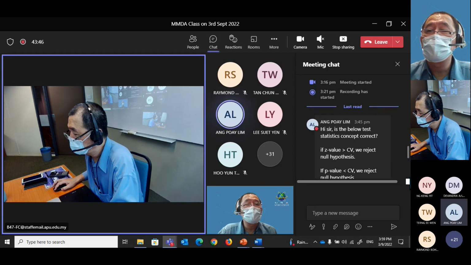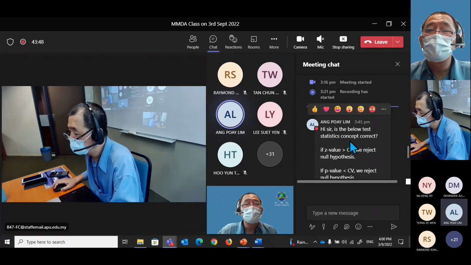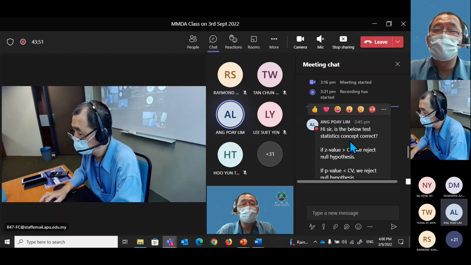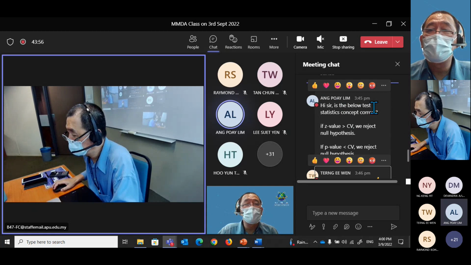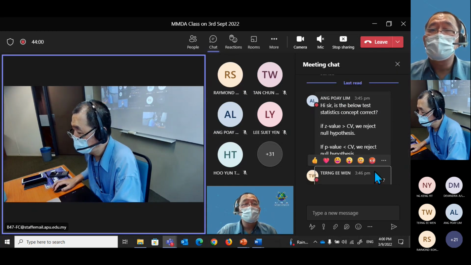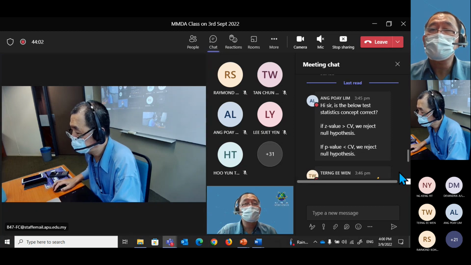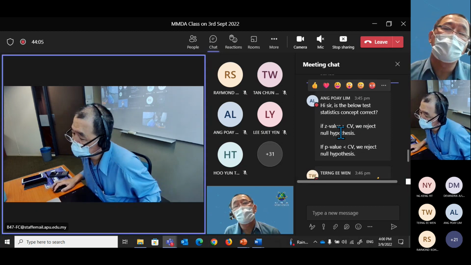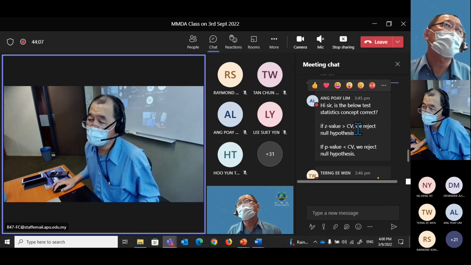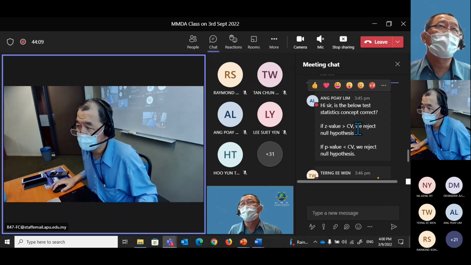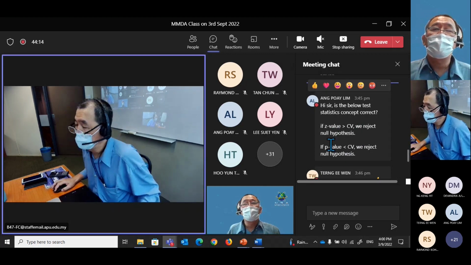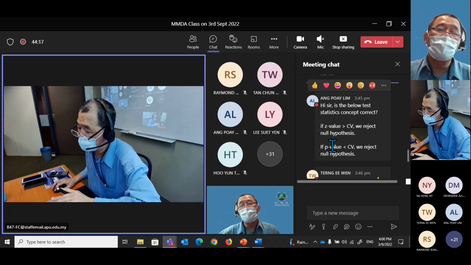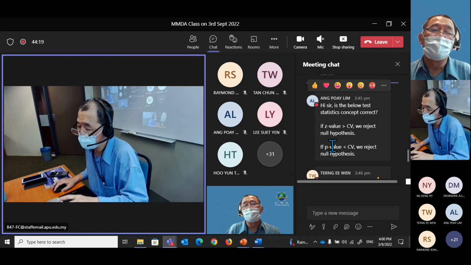One by one. I just want to check with you the Z value and the P value, the concept of the operator, less than or equal, is it opposite? We have to do the test. Z value more than critical value. Z value here refers to the test statistic. If it is larger than the critical value, we reject the null hypothesis, correct? Yes. But P value, we never compare with the critical value.